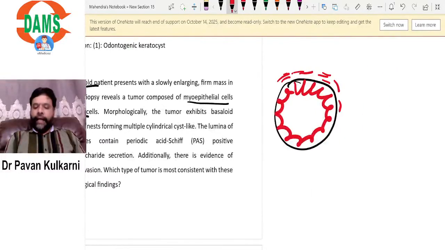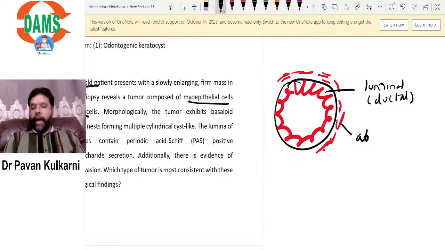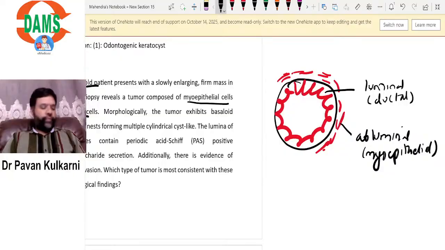So let us write down what these cells are. The innermost cell that you see is a luminal cell, which is also known as a ductal cell. The outer cell is called an abluminal cell or myoepithelial cell. Normally you see a combination of these two.